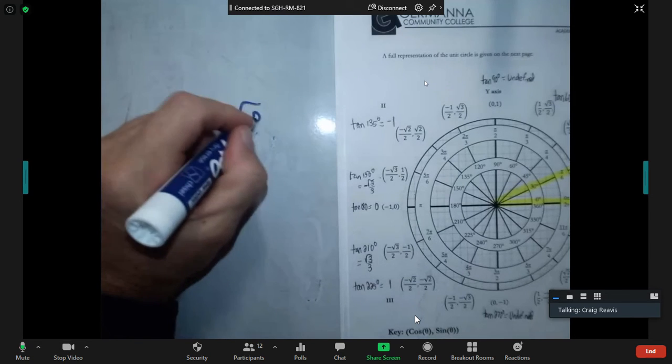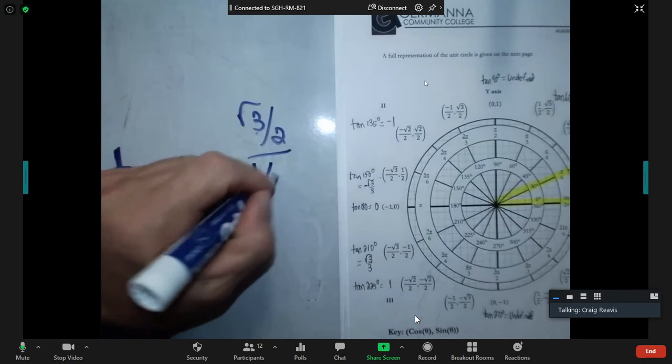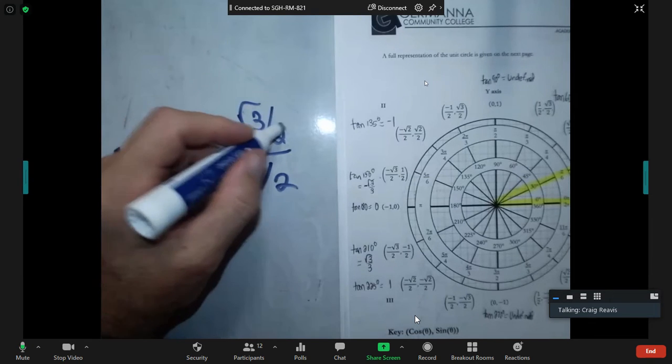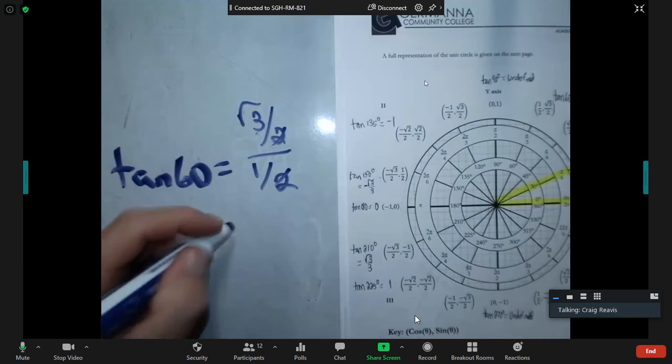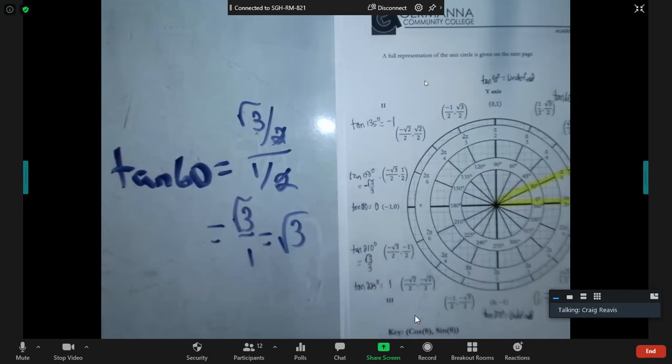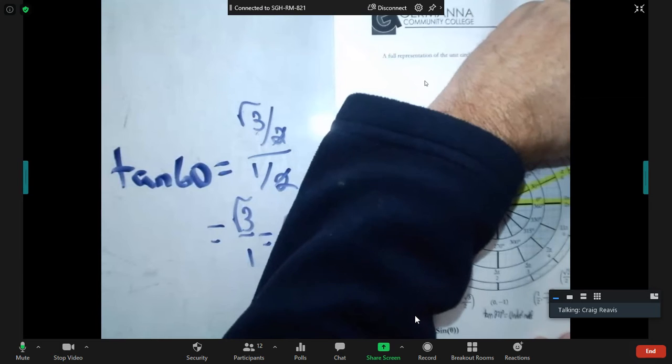So we've got the square root of 3 over 2 over 1/2. Well, we know because the denominator is 2 in both of them, they cancel, and I'm left with the square root of 3 over 1, which is the square root of 3. So the tangent of 60 degrees is square root of 3.